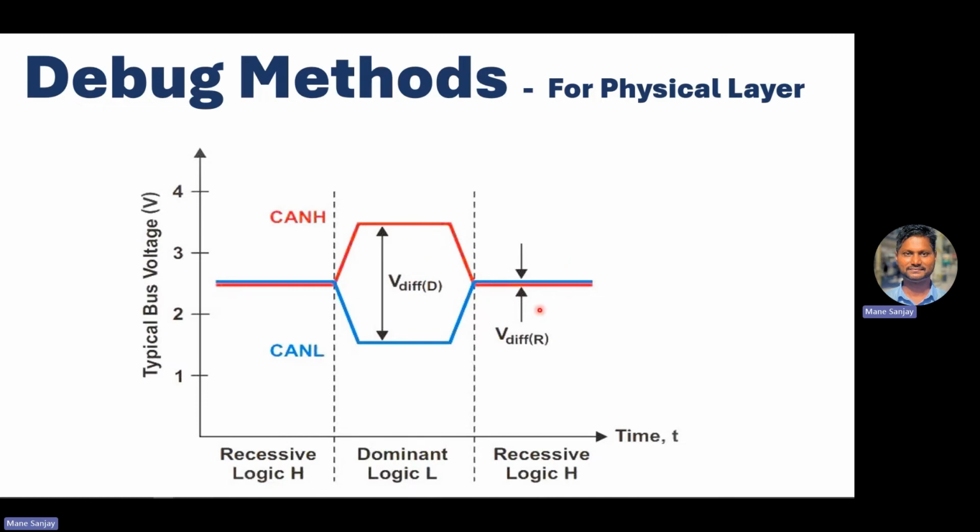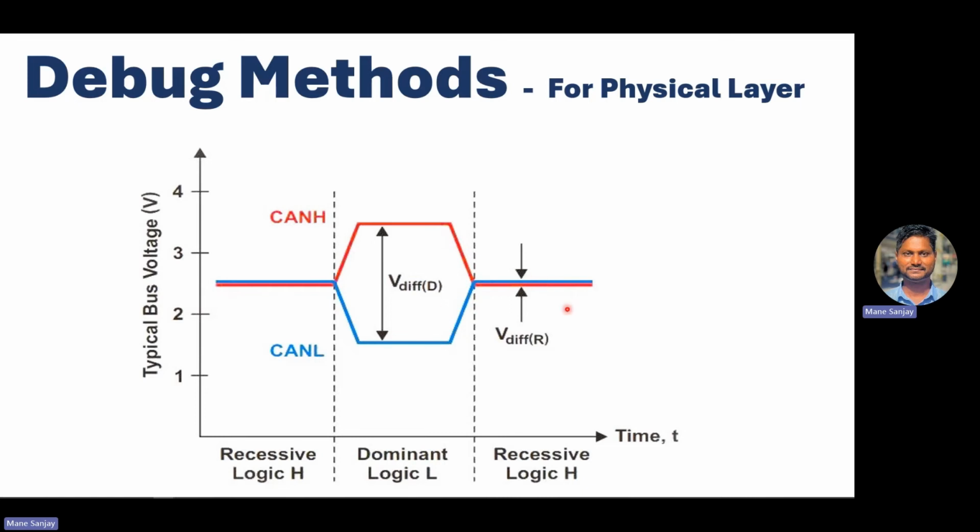When the bus is recessive, if you see, this red is for CAN H, green is for CAN L. And if we measure the differential voltage, that value is very small, in terms of millivolt. It should be in the range of 12 millivolt to 120 millivolt.